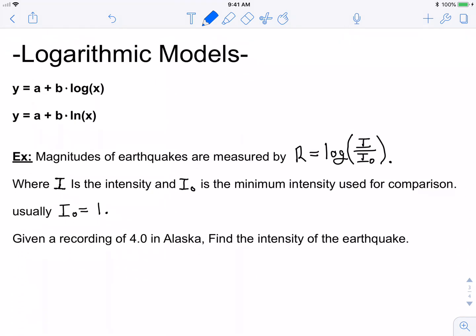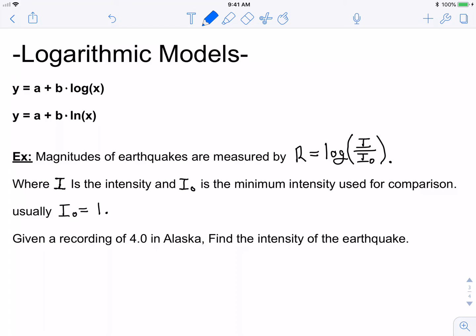The last of our 5 models is actually the logarithmic model, and it's very similar to our exponential growth and exponential decay, but notice that we have 2 different forms for our logarithmic model, and that's because we like to use base 10, as we see in y equals a plus b times log of x.